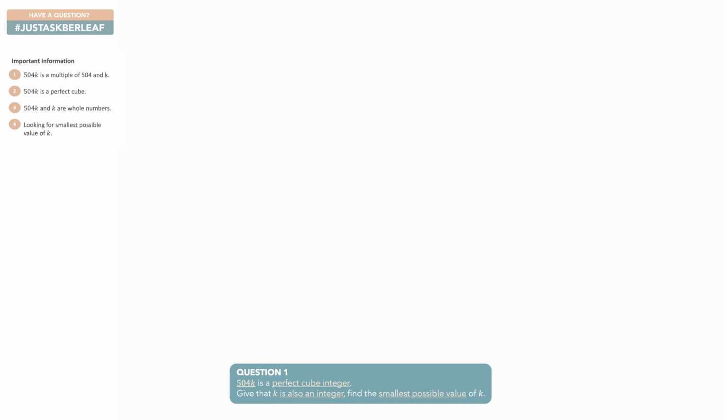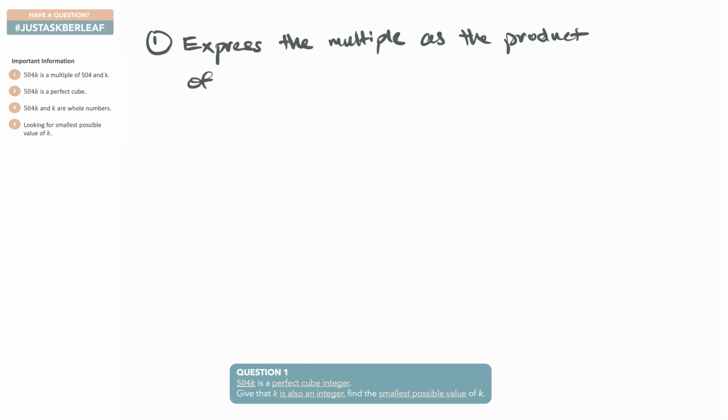Alright, let's get started to solve the question. When I'm dealing with such a question, the very first thing that I would definitely want to do is to express the multiple as the product of its prime factors.